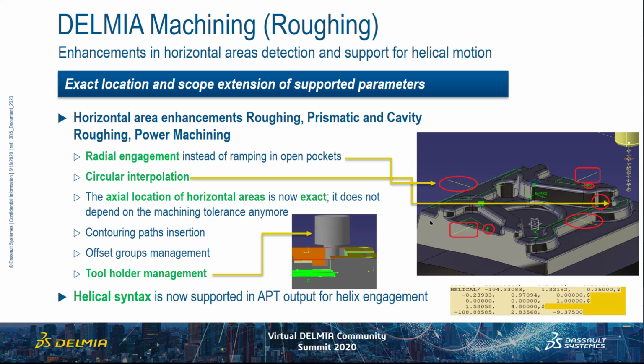And the axial location is now not dependent on the machining tolerance anymore. It's based on exact geometry. And some other miscellaneous enhancements, tool holder management, and of course we are now able to output helical syntax in the APT output. Okay.